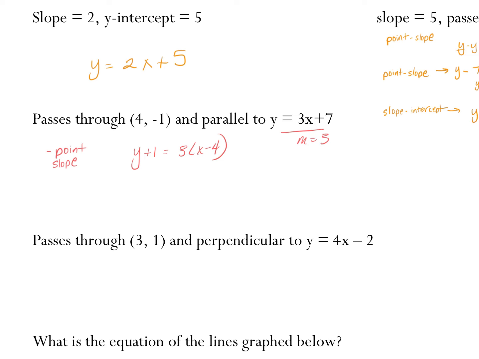All right, what if I then asked you to put this into slope-intercept? What are we getting? y equals x minus 5. I'm sorry? Remember, our slope is 3, yeah?